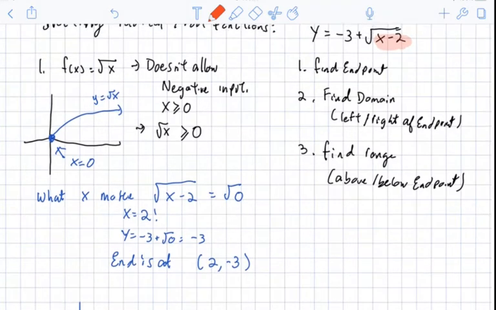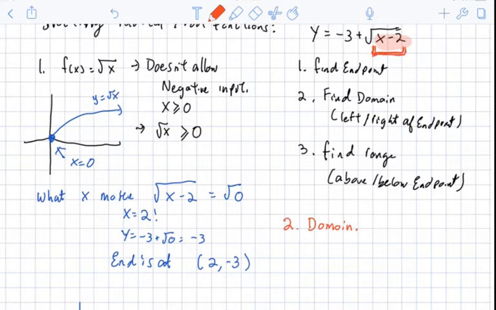Step 2 is finding the domain. The reason there's a domain: usually in most continuous functions like polynomials, the domain is going to be any number you want. You put it into x squared, whatever. In this case, though, the domain has to be a number where what we enter into the square root operation is a positive number.